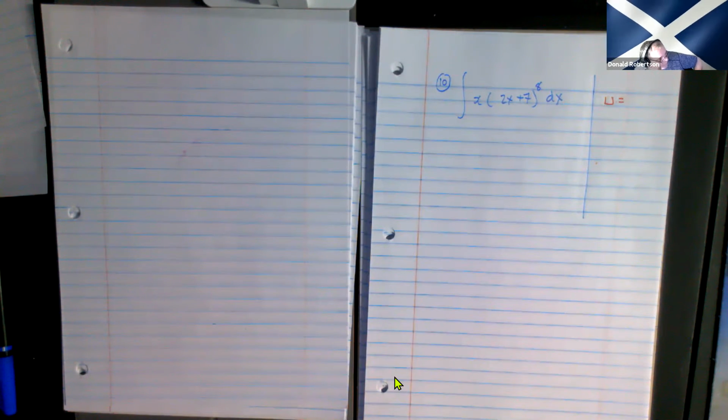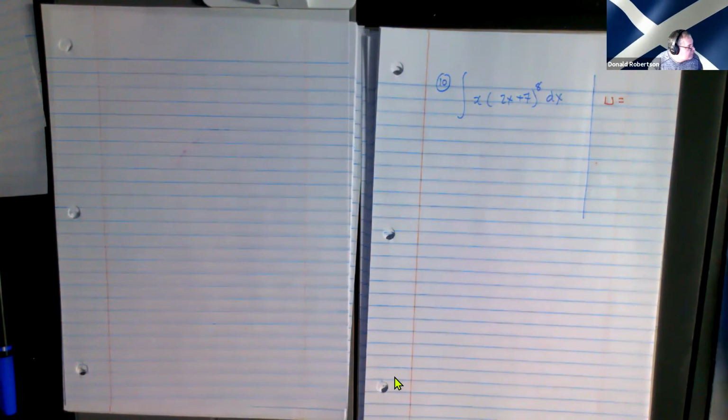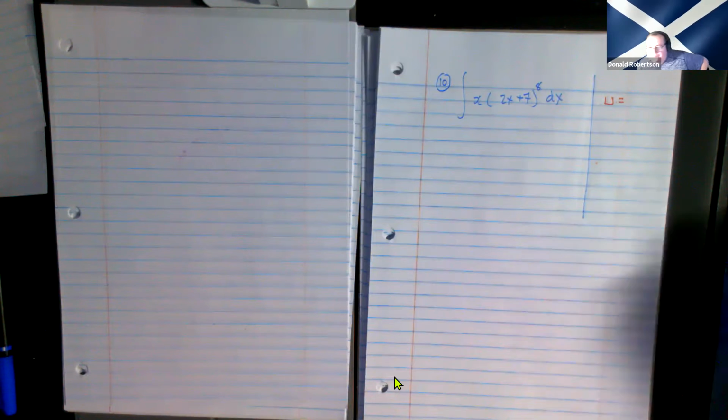And that's the easy part. There are not a lot of choices here. What would your u sub be if it was just an obvious thing, something not too difficult? 2x plus 7. Yeah.